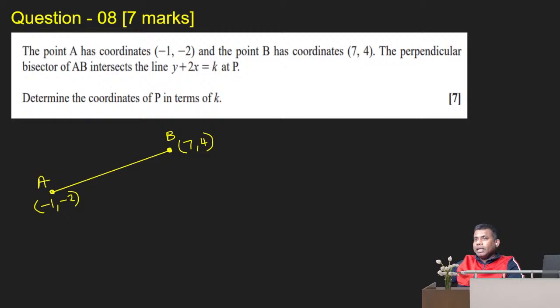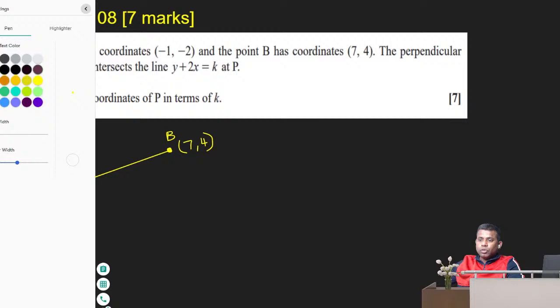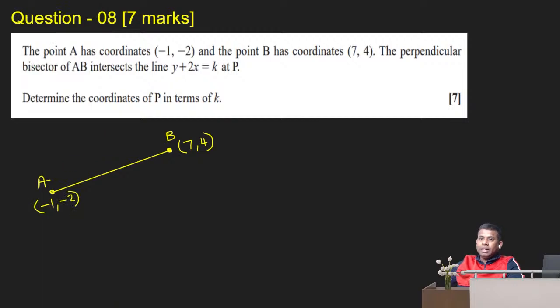Now read the question. That's the information given. The perpendicular bisector of AB, right? So what is a perpendicular bisector? The line goes through the middle of AB and it's 90 degrees to AB as well. So this is 90 degrees and it goes through the midpoint. So I put M as the midpoint. It's passing through M, and also it's perpendicular.